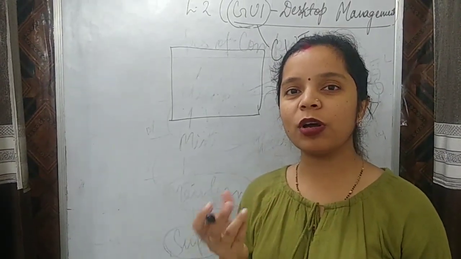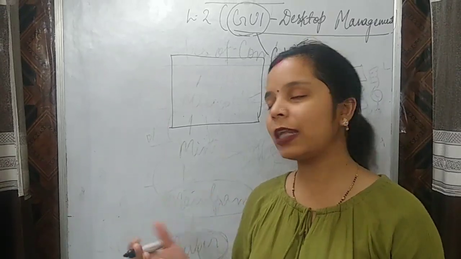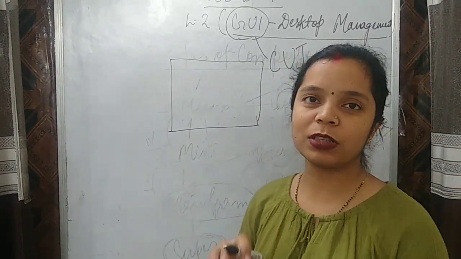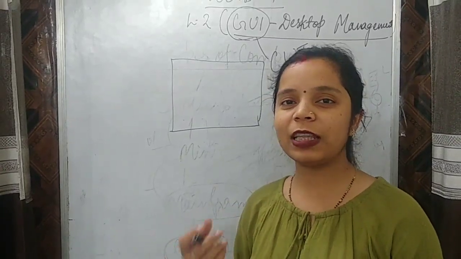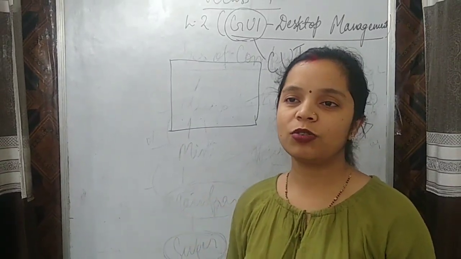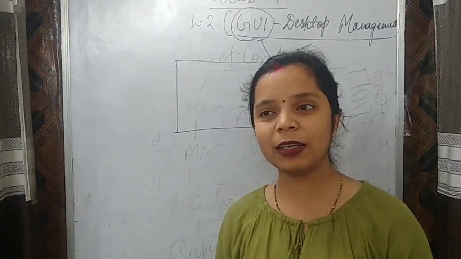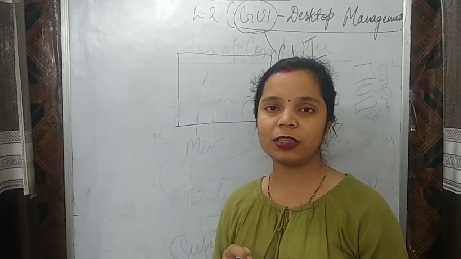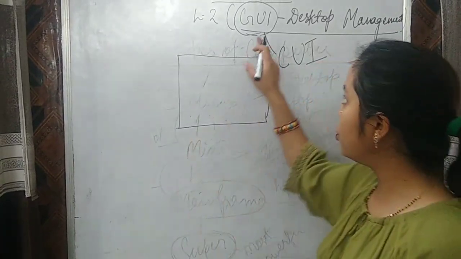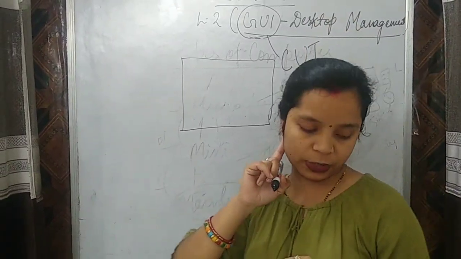You can only talk, you cannot see any pictures or anything on the mobile phone. You can say that a command user interface. And nowadays, pictures, videos, everything you can see, that is graphical user interface. So when everything is presented in a very attractive manner, with images and pictures, that is known as graphical user interface. So today we will study about GUI operating system, desktop management.